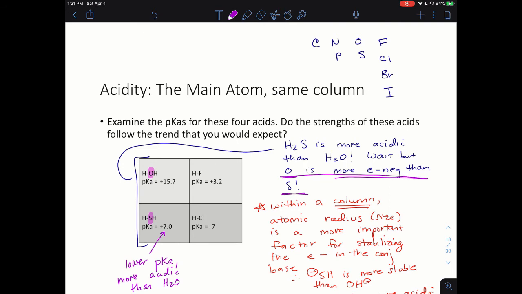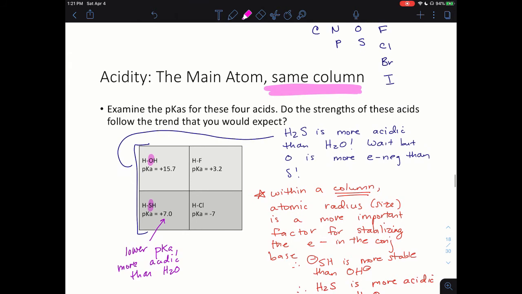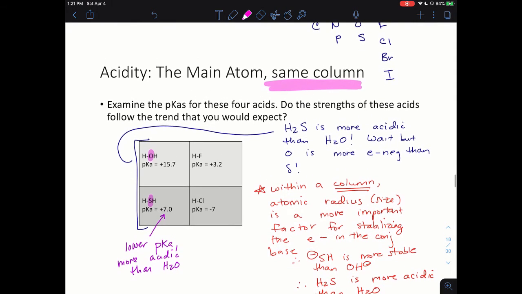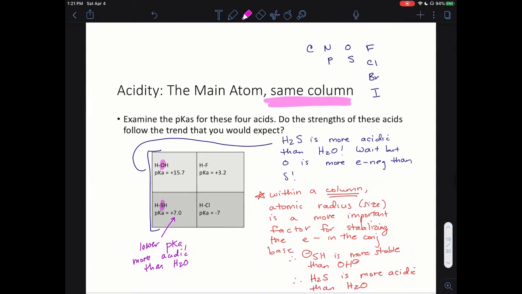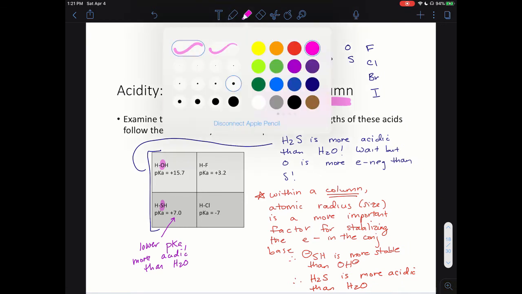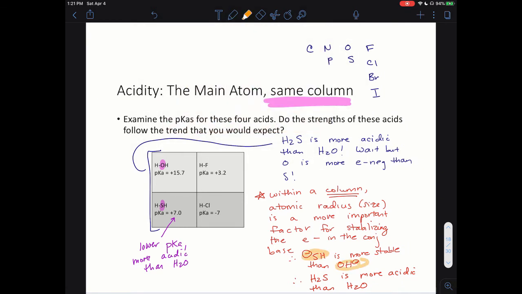Well, there's a different trend that predominates when the two main atoms are in the same column. So when the two main atoms are in the same column, it's actually atomic radius that is a more important factor in stabilizing the conjugate bases. So thiolate is more stable than hydroxide.